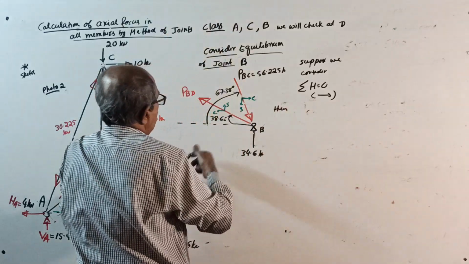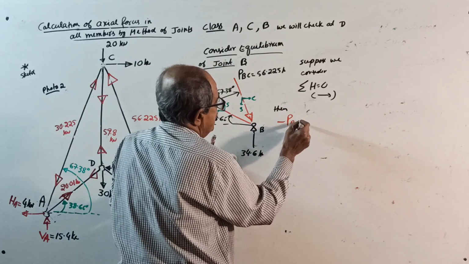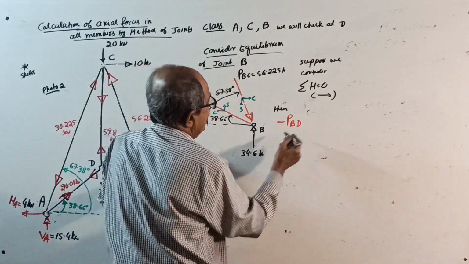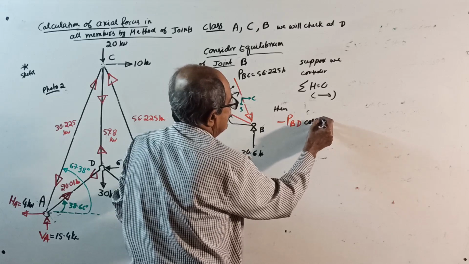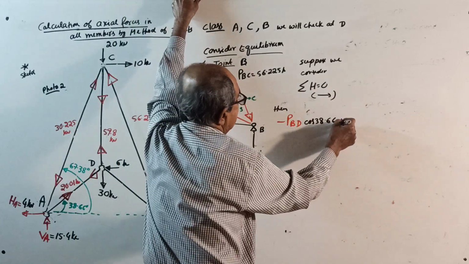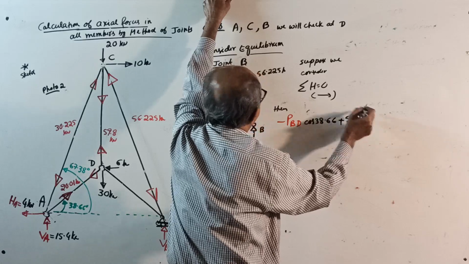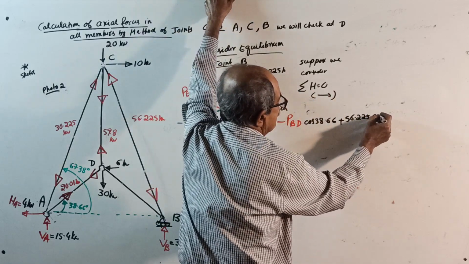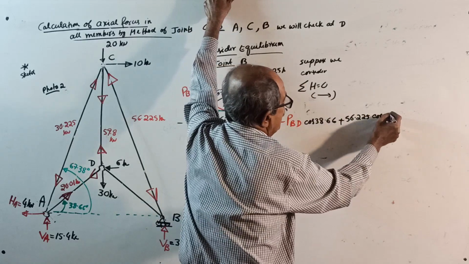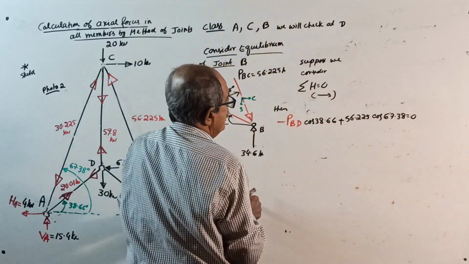Then minus PBD cos 38.66 plus 56.225 cos 67.38 equal to 0, you will get PBD.